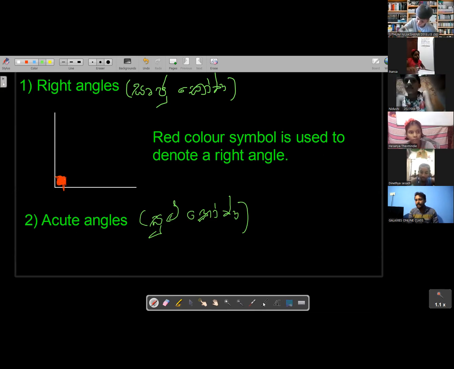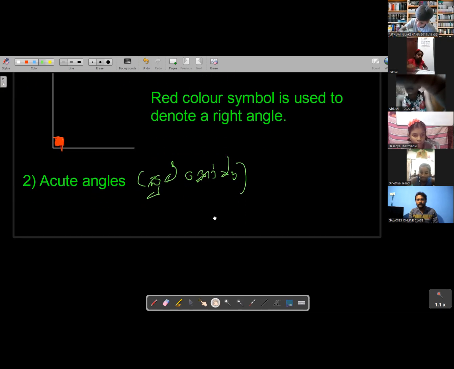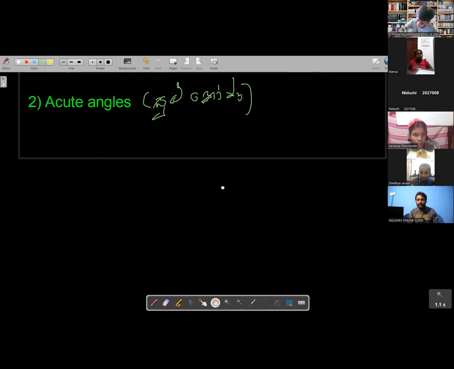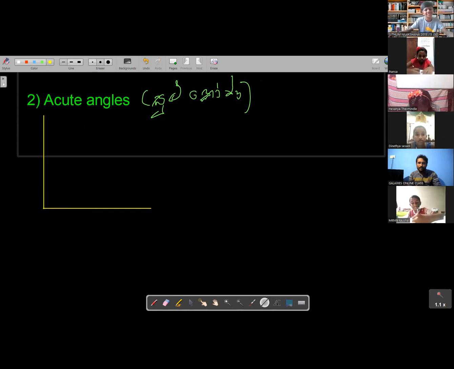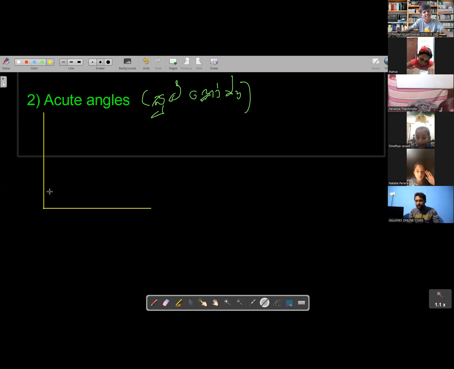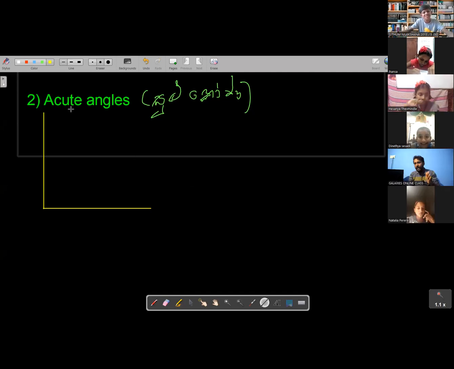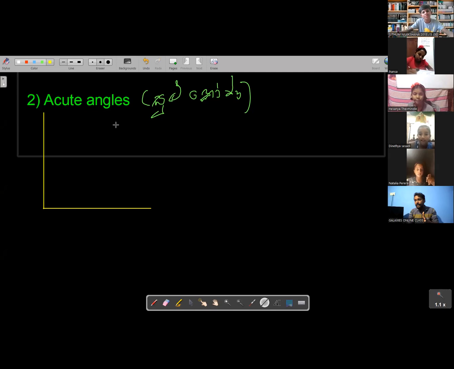Now look at the shape of an acute angle. I will draw an arm. That's the arm, okay? If I draw the other arm like that, what type of angle is it? It is a right angle, no? So you have to draw an acute angle with a magnitude less than a right angle.